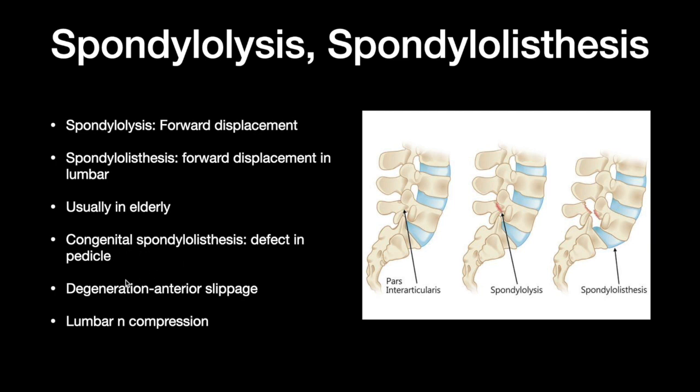Then it causes degeneration and anterior slippage, and they cause the vertebral column to be unstable, and lumbar nerve compression. It generally involves a fracture between the pedicle of the vertebra.